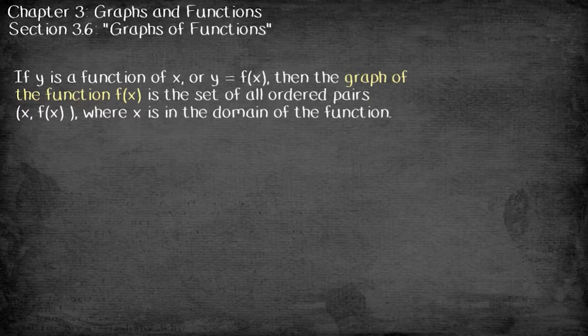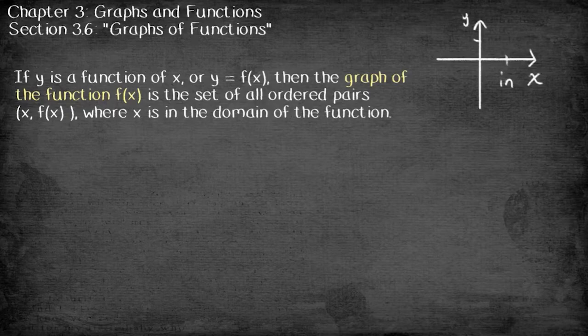So again, if we're thinking of this in terms of inputs and outputs, then on one axis, the x-axis, I am placing my input, and then on the other axis, I am seeing my outputs.